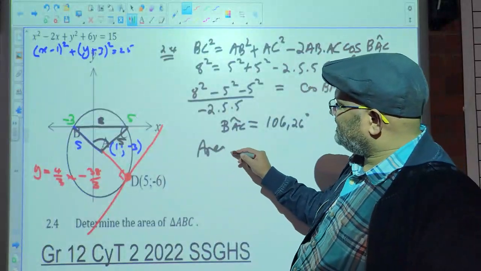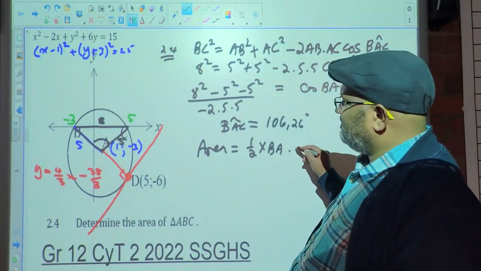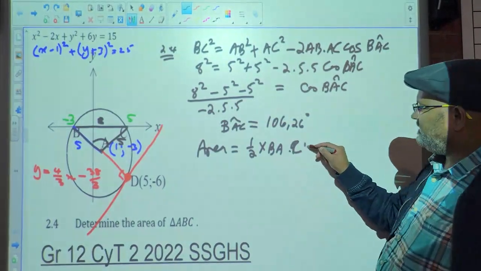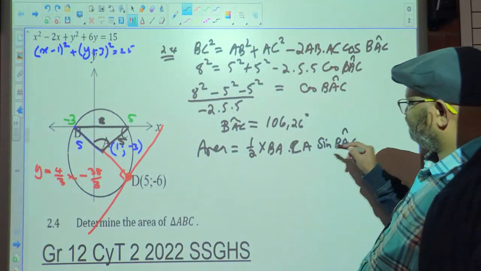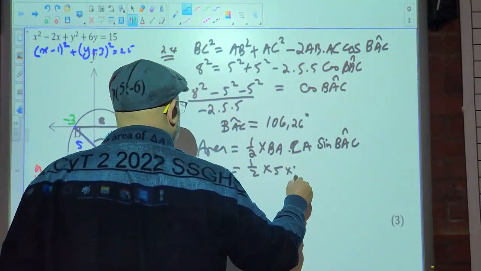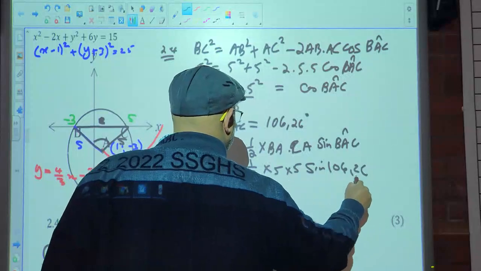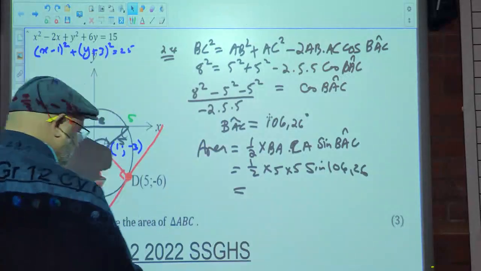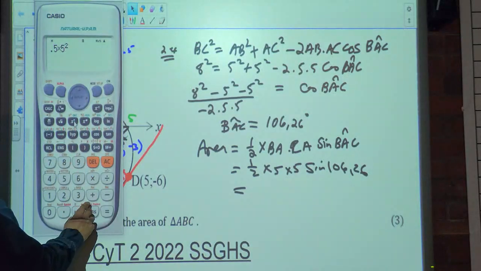So therefore now the area is simply half BA times AC sine of angle BAC. So it's going to be half times 5 times 5, or 5 squared, sine of 106,26. It's half times 5 times 5 sine of the angle.